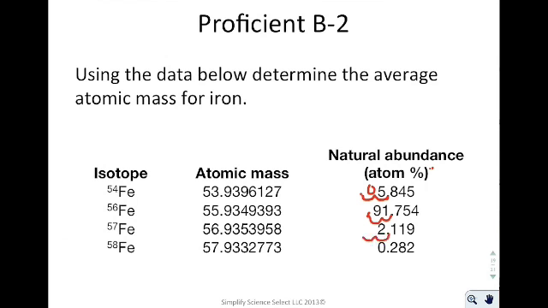It's 0.02119 and 0.00282. Now you multiply these numbers across. So 53.9396127 times this equals, times this equals, times this equals, and so on and so on.